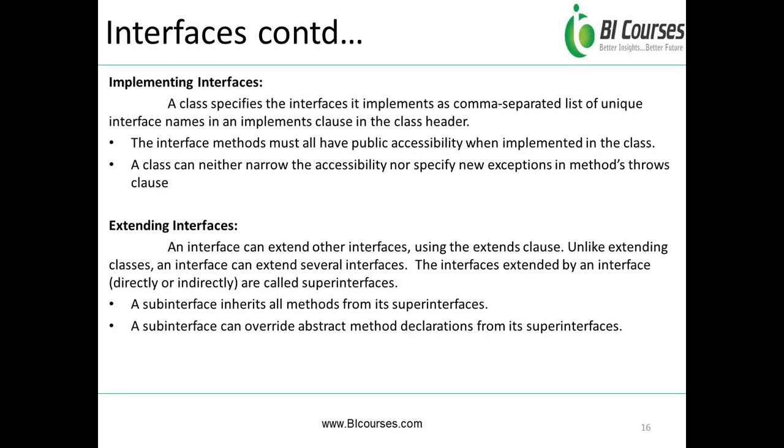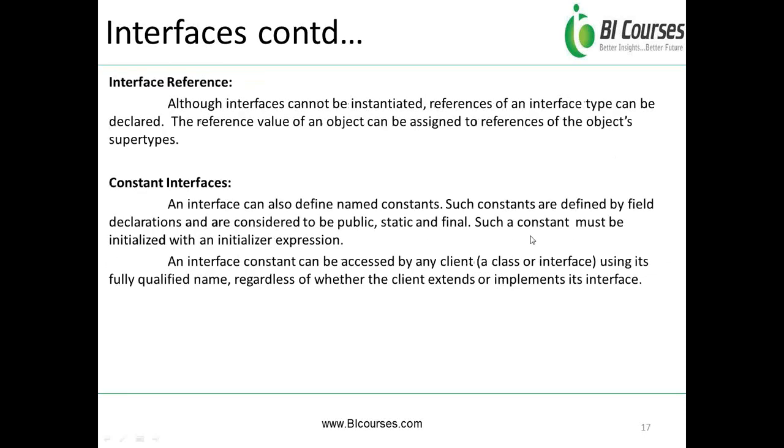We can use multiple interfaces in any particular class or interface, and we can also extend interfaces. We also discussed interface references: Bike b equals new mountain bike. We use the interface name as a reference to create an object of subclasses.